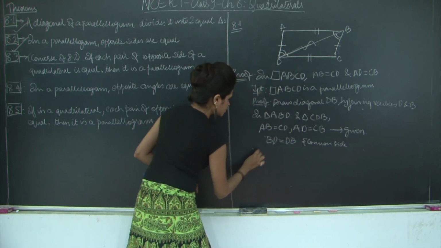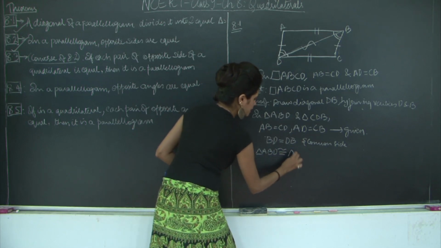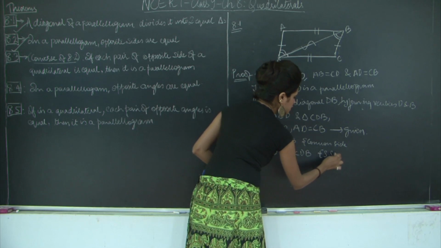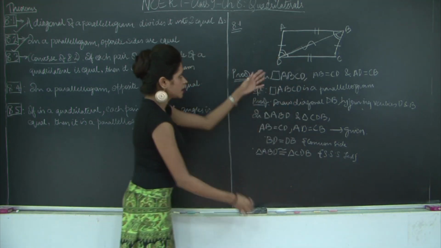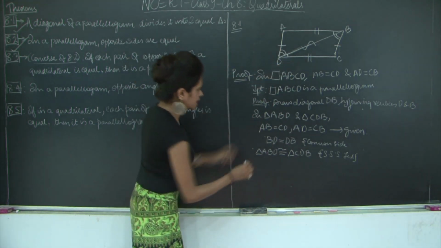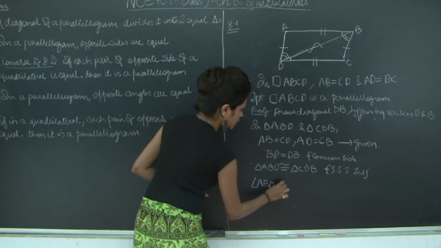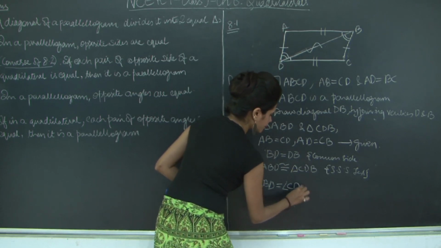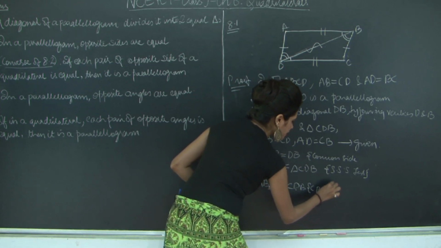Therefore, triangle ABD is congruent to triangle CDB by SSS test of congruence. Therefore, now my angle ABD is equal to angle CDB. Why? Through corresponding parts of congruent triangles.